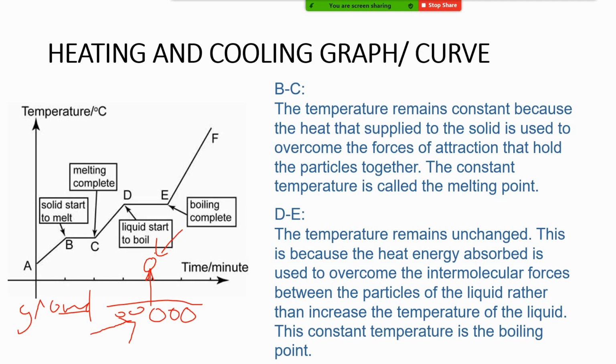Now, when we consider from C to D, we see that there's an increase in temperature. At this point, the molecules in the liquid are gaining more kinetic energy, so much so that they can reach the point where they can transition from a liquid into a gas.